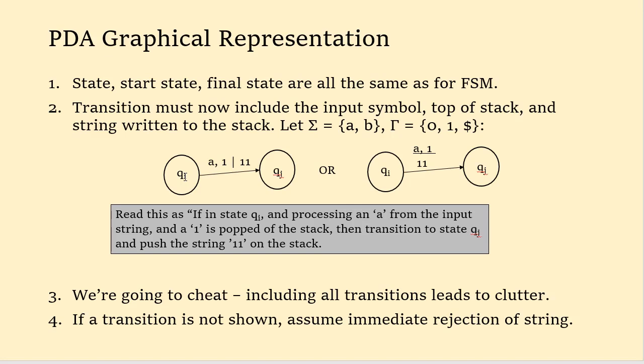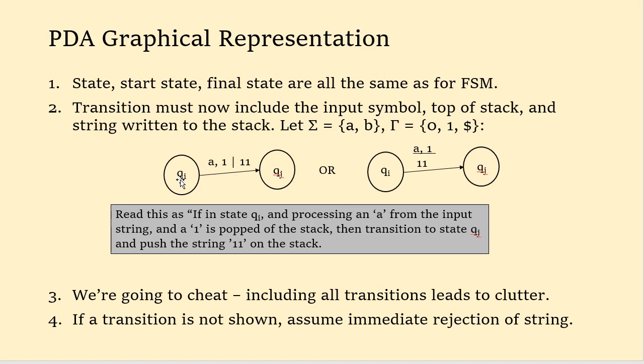So if I had 2 elements in my sigma and 3 elements in my gamma, that's 6 possible combinations. So now every state needs 6 arrows going out. And that's just a mess. That's way too cluttered. If I include them all, it becomes an unreadable mess.